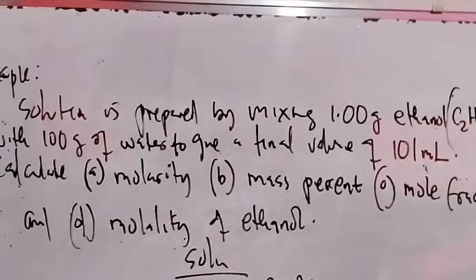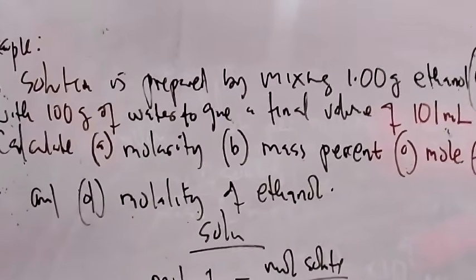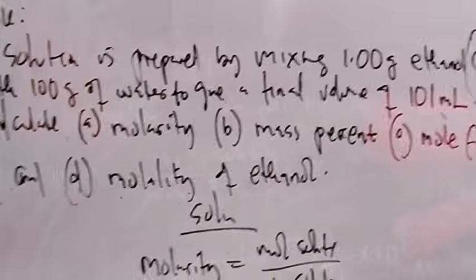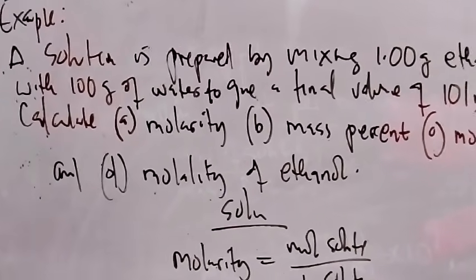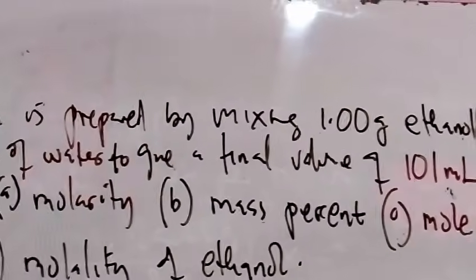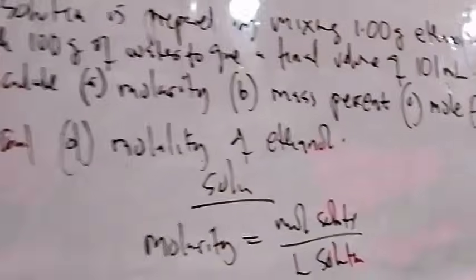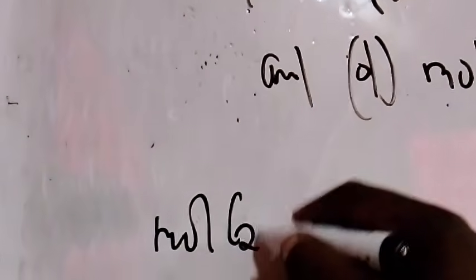In this case, ethanol and water, you need to identify the solute. Water is never a solute; water is always a solvent. So the solute in this case is ethanol. You need to calculate the moles of ethanol.